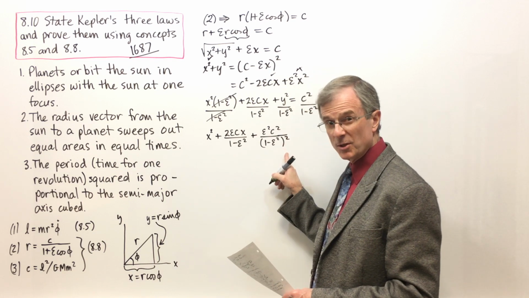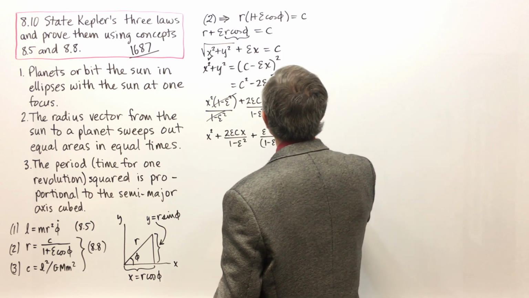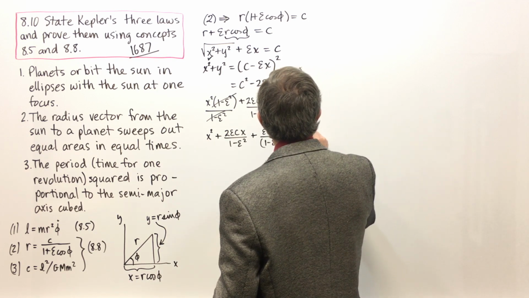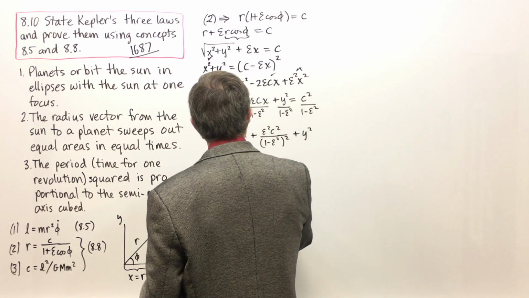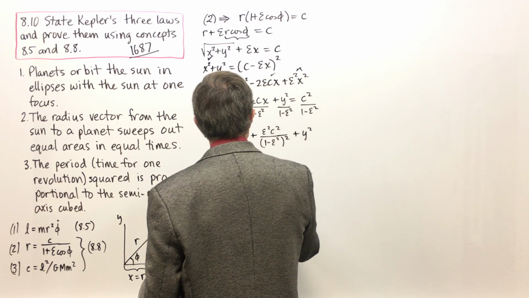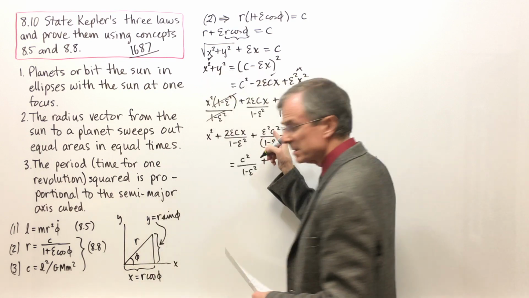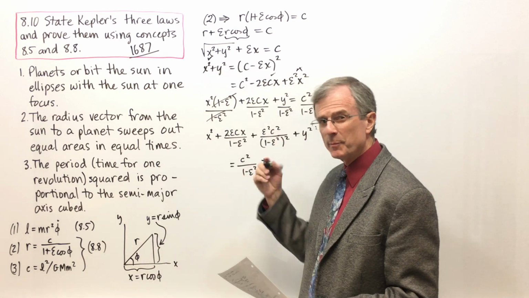Here I've added it to the left side of the equation. Then we have plus y squared equals c squared over 1 minus epsilon squared plus this term that I added to the left, I better add it to the right.